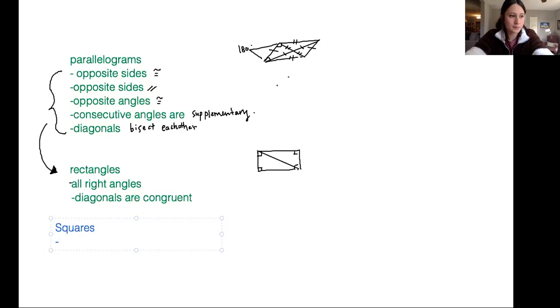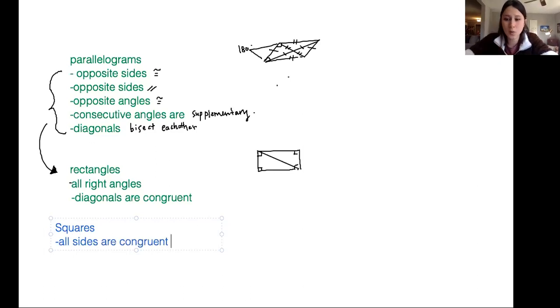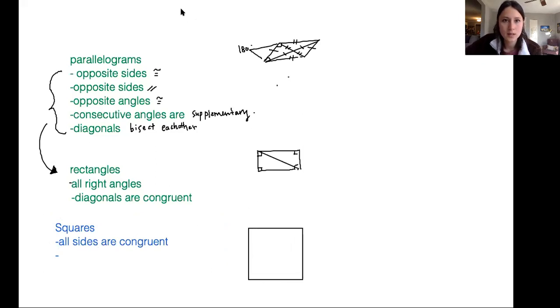So it would say all sides are congruent. That's something special about a square. All angles would be right angles, just like a rectangle. And if we look at a picture of a square, all our lengths would be the same. So these are all the same.